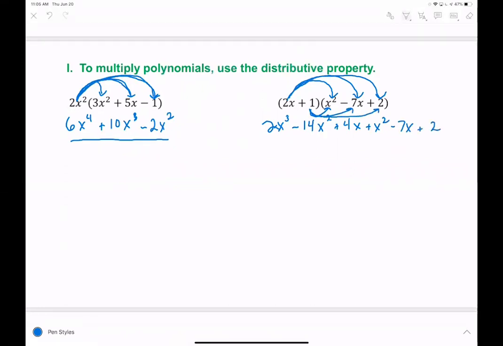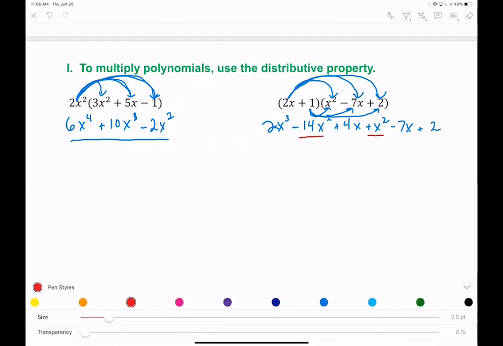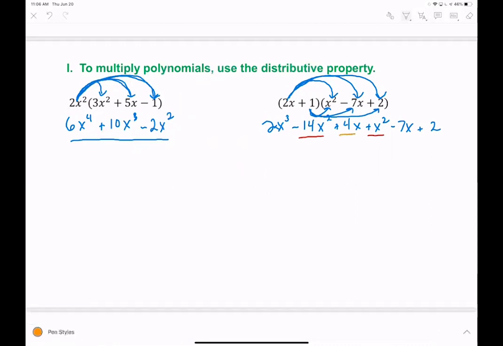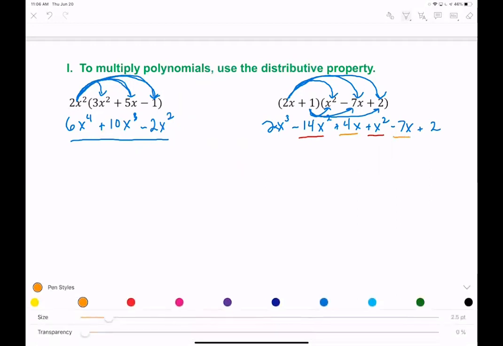Now when you look, notice we have some like terms. We have this negative 14x squared and a positive x squared that we can combine. We also have this 4x and a negative 7x that we can combine.